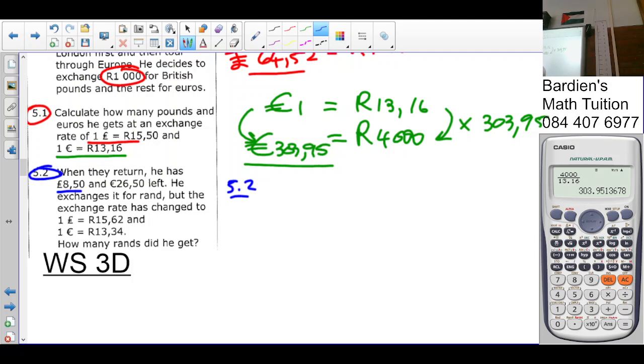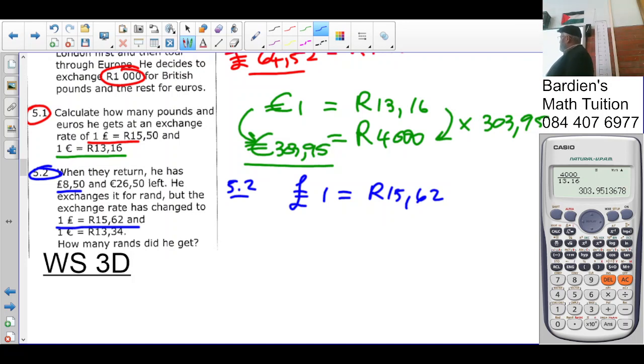But the exchange rate has changed. Remember, the exchange rate changes on a daily basis. So every day it changes. Alright. So when he returns, the exchange rate for pounds is 1 pound gives you 15 rand and 62 cents.